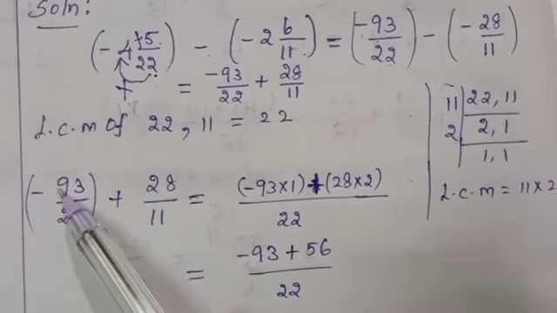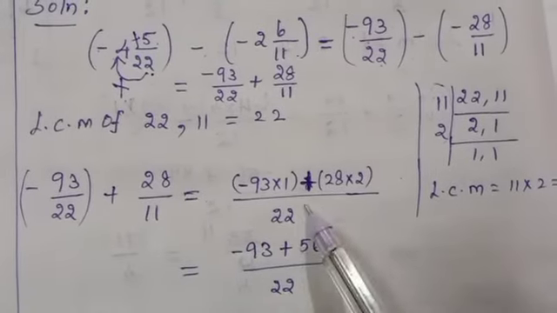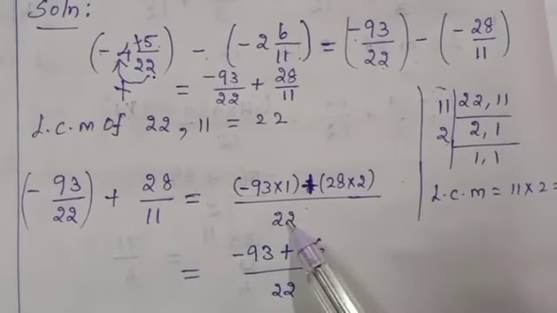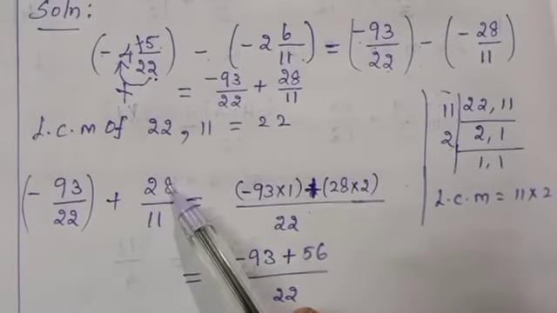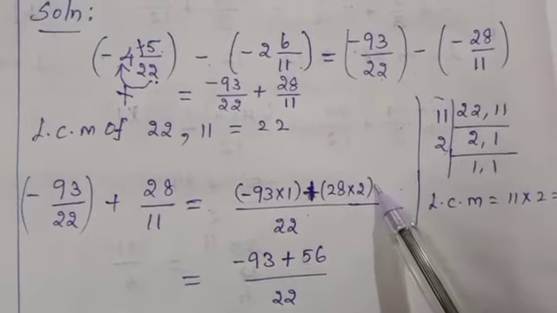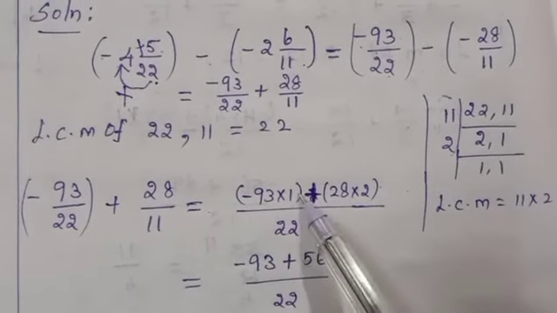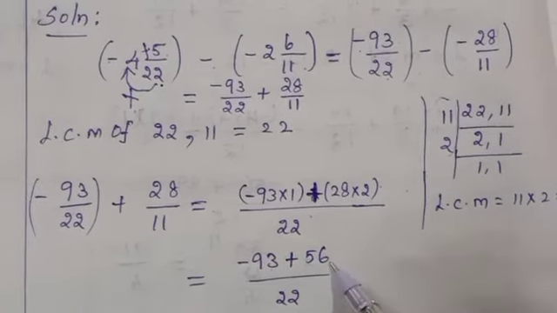So minus 93 into 1. Next 22 divided by 11, in this 22 how many 11s are there? 2 times, so 28 into 2. Have you understood, students? Yes? Okay. Minus 93 into 1, minus 93 plus 28 into 2, 56.